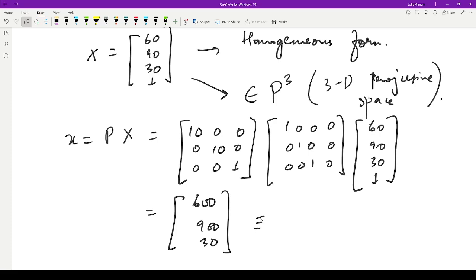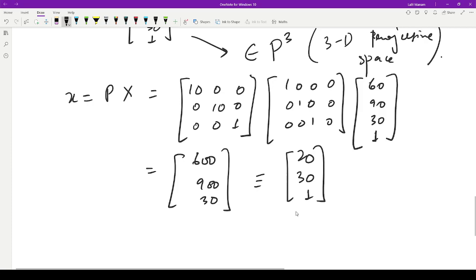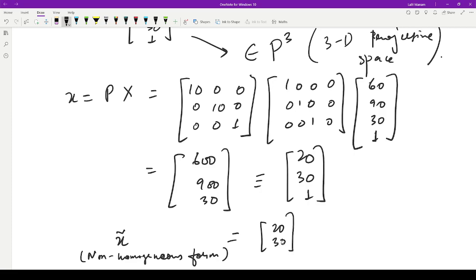But since this is a projection operation and all scaled points are similar, we can just scale it with the third dimension, which gives us 20, 30, 1. So the x tilde, the non-homogeneous form, that is the pixel location at which the image will be formed, is 20 comma 30.